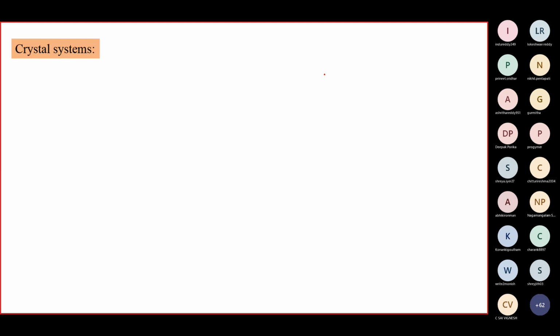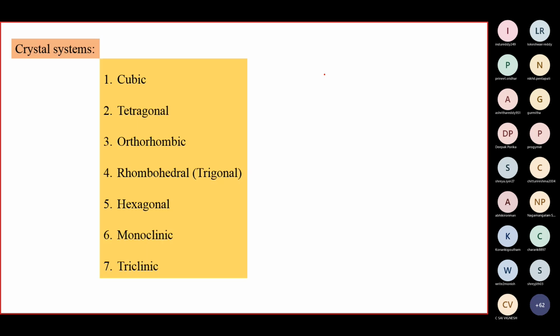That is the question. Yes, we can. Based on our experience and studies, there are 7 crystal systems which have been identified. Any crystallized material has to fall into one of these 7 crystal systems. What are they? First is cubic, then tetragonal, then orthorhombic, then rhombohedral, then hexagonal, then monoclinic, then triclinic.